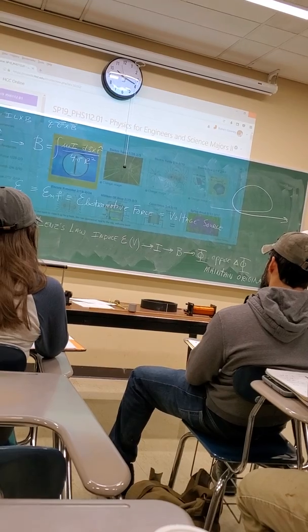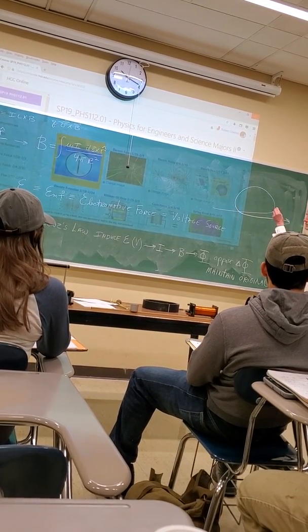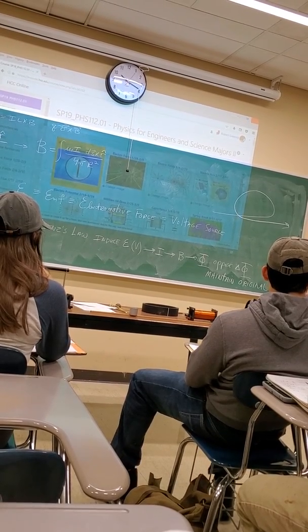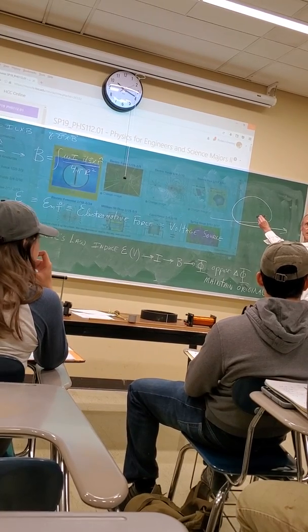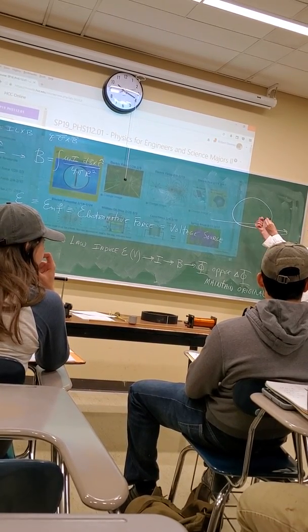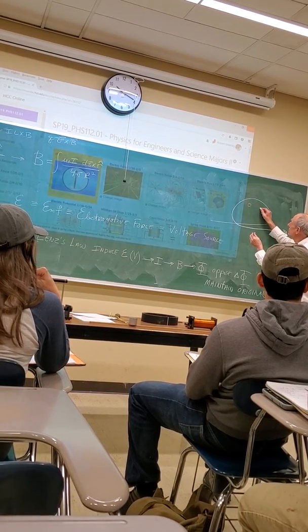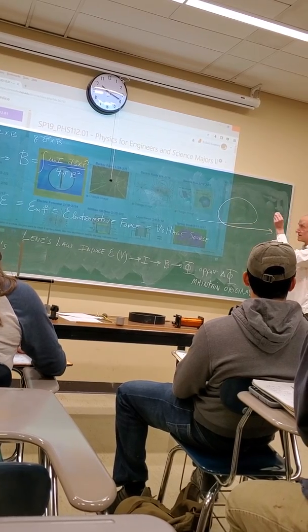So if there's a loop of wire and I'm going to stick a magnet in there, first of all, I have to know which pole. So let's take the south pole. If I'm putting a south pole in, how do I want to draw the picture? Well, the field lines are going into the south pole. But it starts at 0, right?